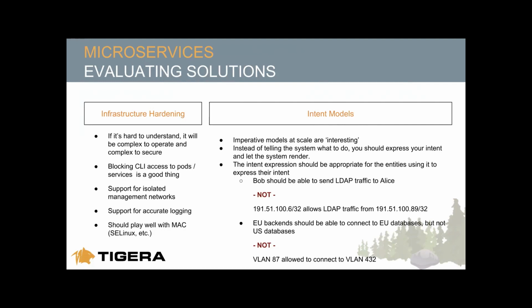Secondly, this becomes even more interesting as we go to a point where you have potential changes in underlying infrastructure. You're multi-cloud or whatever else. If your policy is that EU backends should be able to connect to EU databases, well, on one cloud maybe you're using VLANs to identify those.